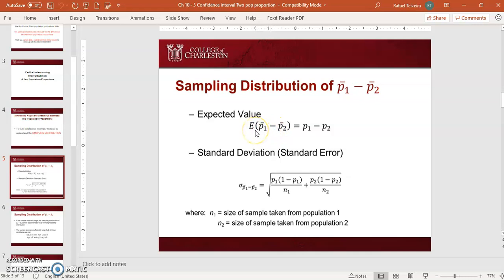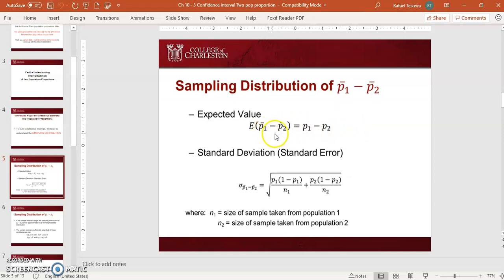So the expectation is that when we use a sample to represent each one of these populations, we expect that the difference between these sample proportions be equal to the difference in the population proportions. So we are making the assumption that the sample resembles what happens in the population.